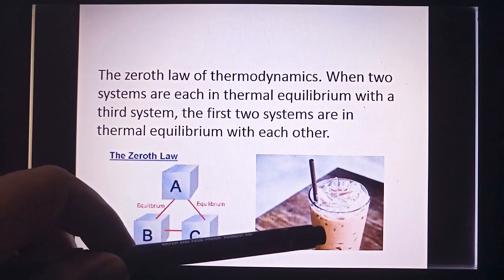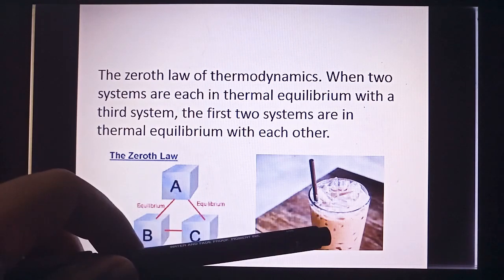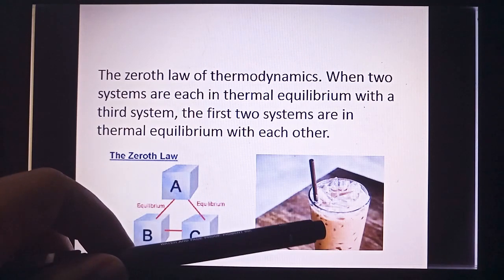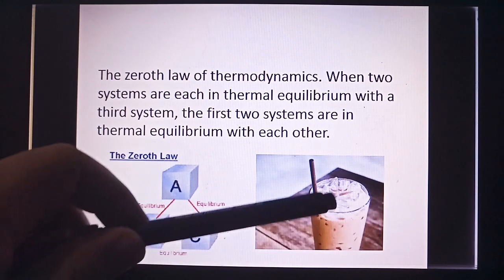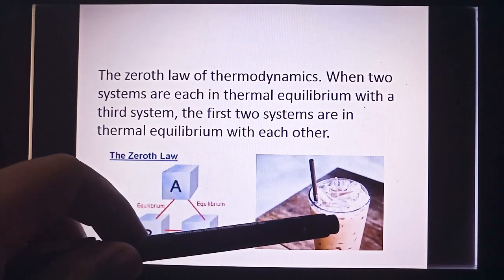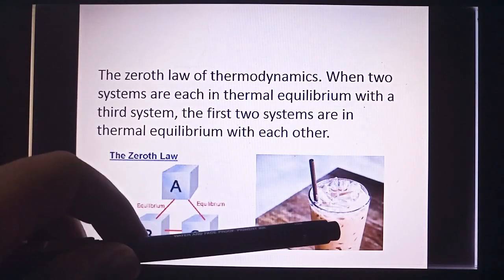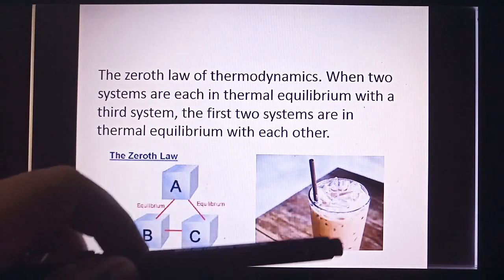For example, we have here a liquid that contains a certain temperature, and if you add ice, wherein the temperature is very low, there's a tendency that when you mix this, their temperature comes to equilibrium.